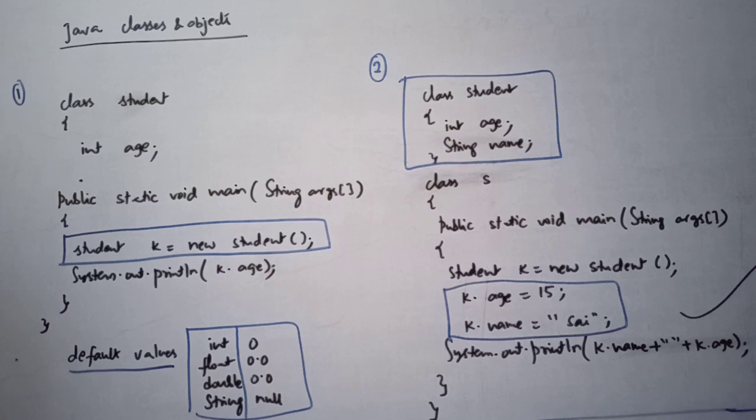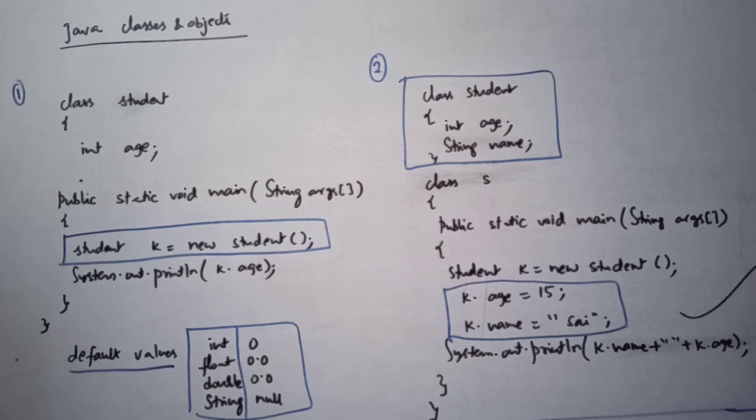One important thing to be observed is you need to create an object. If there is a class, there must be an object. The existence of any particular class comes into picture once we create an object. So how do you create an object in Java?